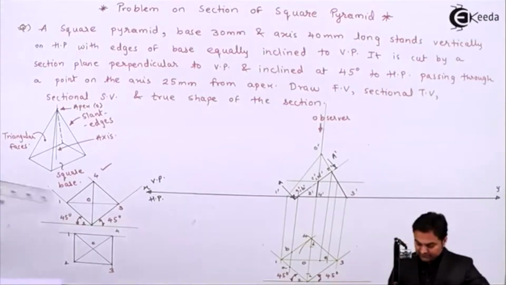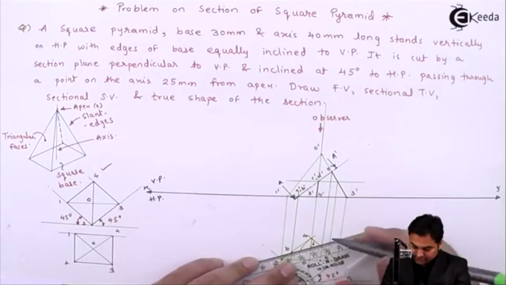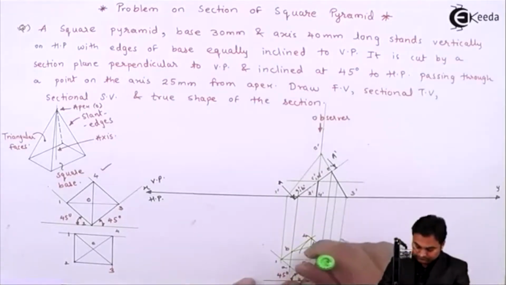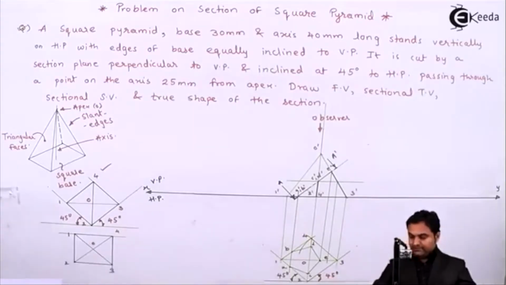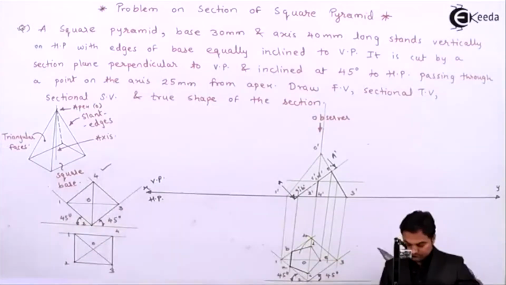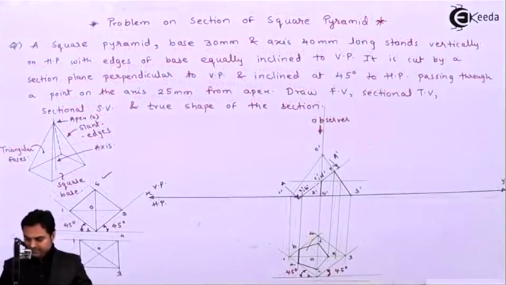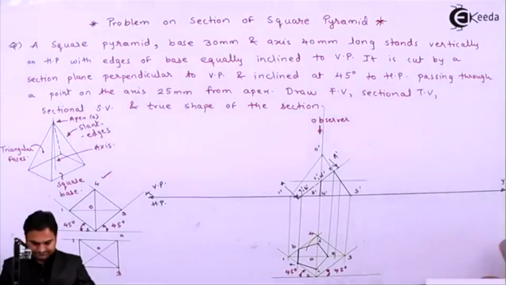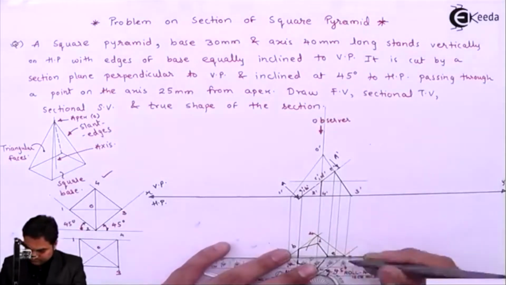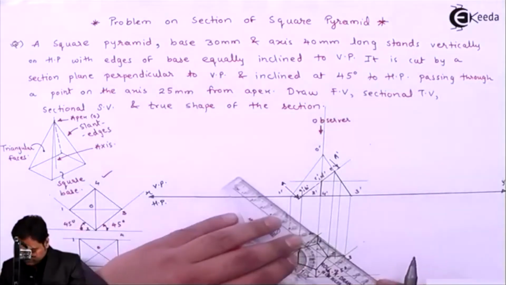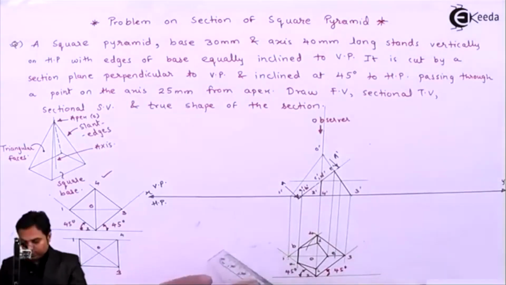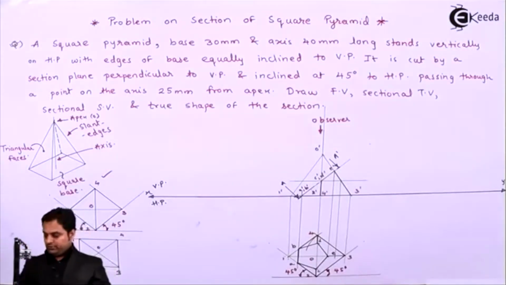Joining them in proper sequence will give me the cut portion or the shape of the cut portion. Then I'll make it dark. So making the edges dark, C to E. So this much is the visible portion.